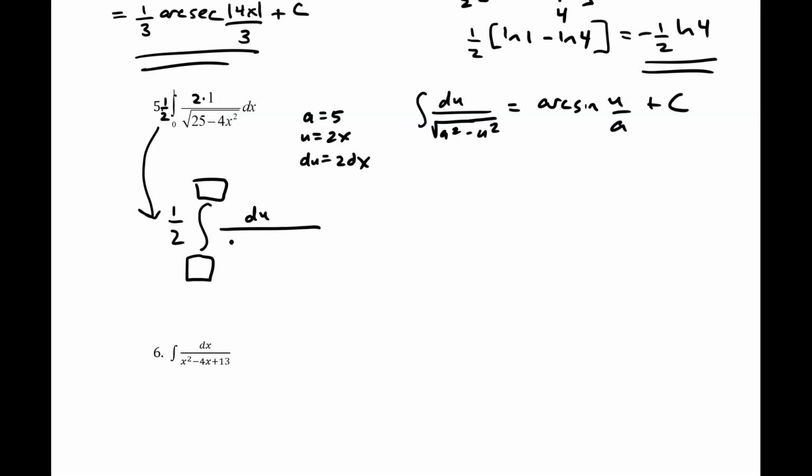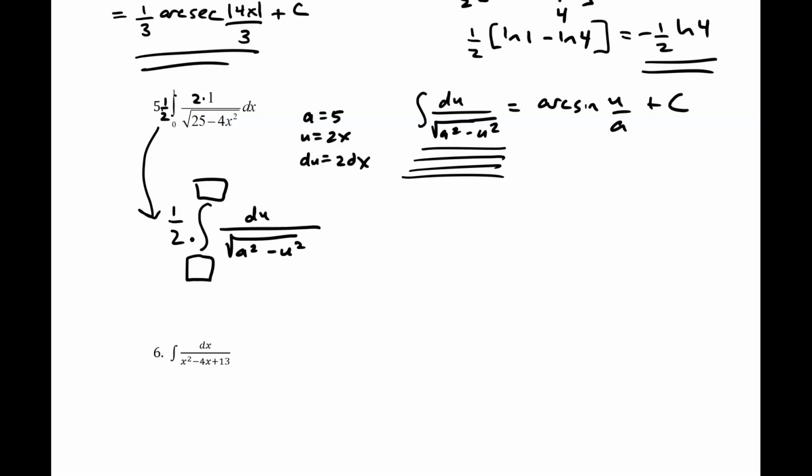So that's exactly what I have when I have the root of a squared minus u squared. And that's exactly how I want to approach a lot of these inverse trig antiderivatives, is I want to get exactly what the formula says I should have.